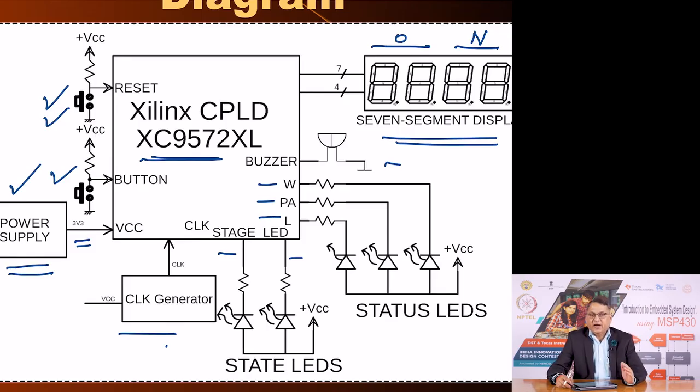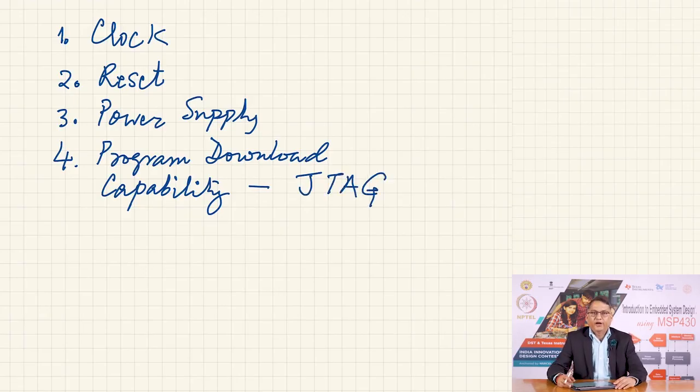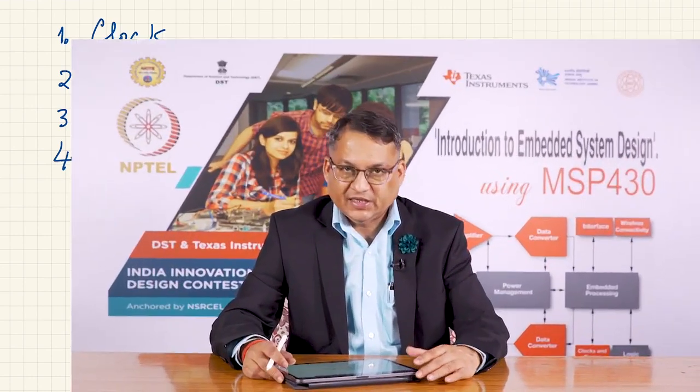Now, how do I download code into this? Most CPLDs and FPGAs require a JTAG interface, and so whenever you want to download code into your CPLD or FPGA, you need a mechanism such as a JTAG interface to download the bit file.